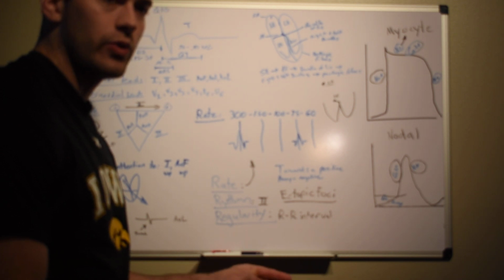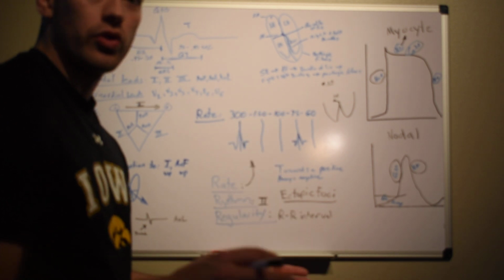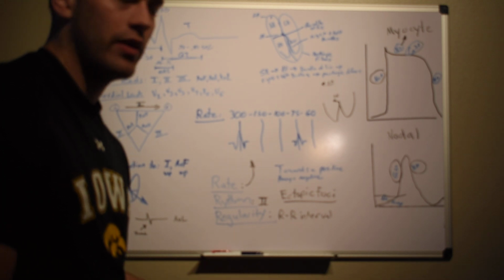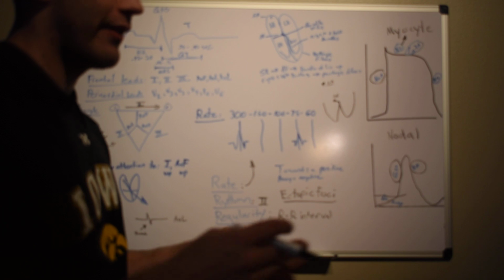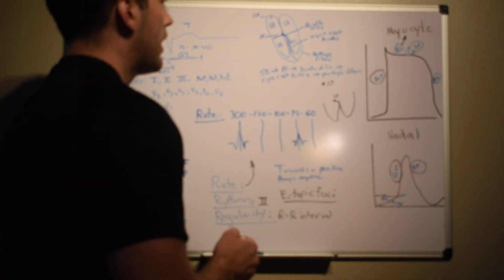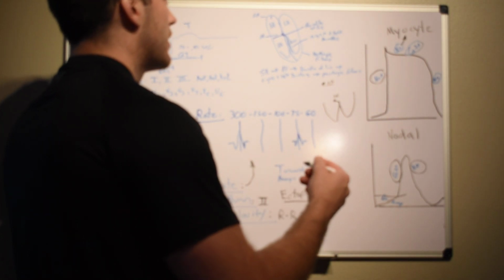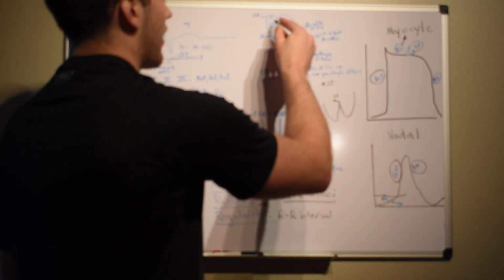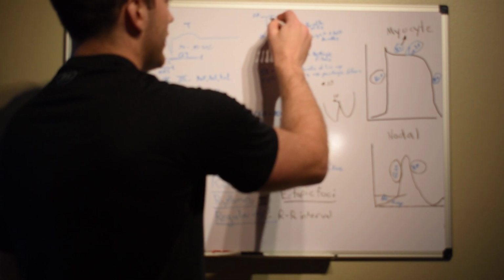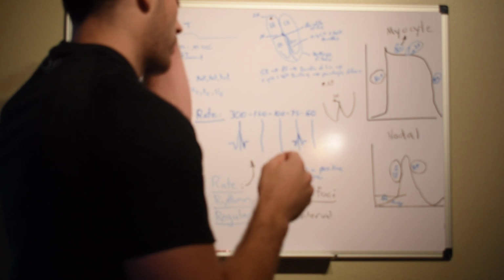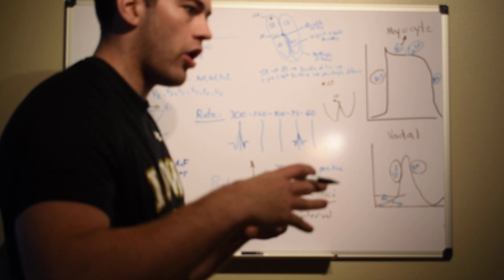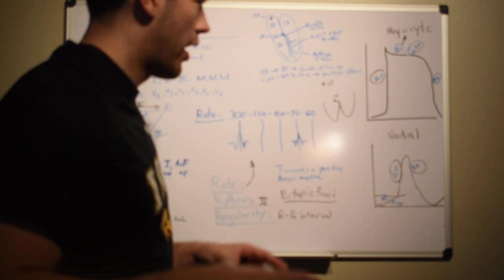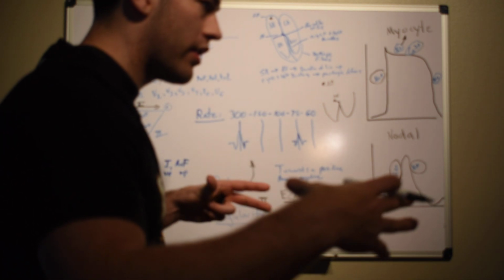If they were standing an equal distance from the electrode, both of them would get shocked at the same time, right? It doesn't travel one way faster than the other. It travels both ways equally. And it's the same with this. So when this SA node fires off, it's actually kind of right in here, in our right atrium, it's going to send out impulses in all directions, and they're going to propagate in all directions.